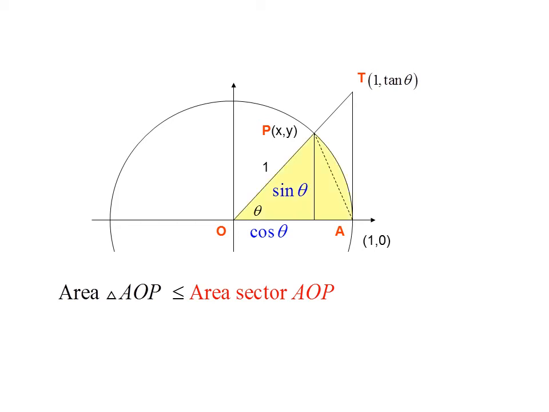There's the sector AOP, and that is less than or equal to the area of triangle OAT, which is the large triangle. So this might already give you a hint that we're looking at the sandwich theorem.